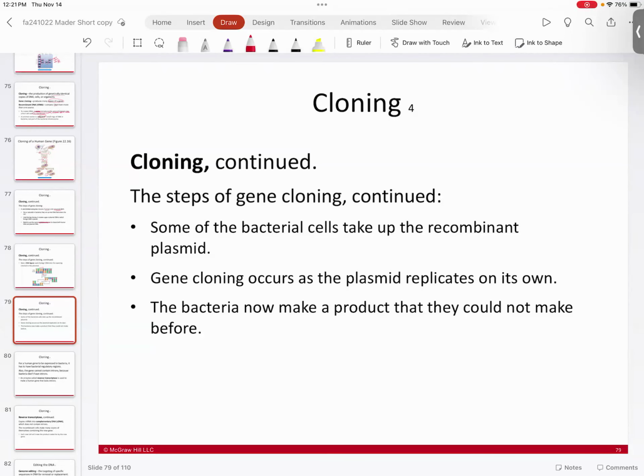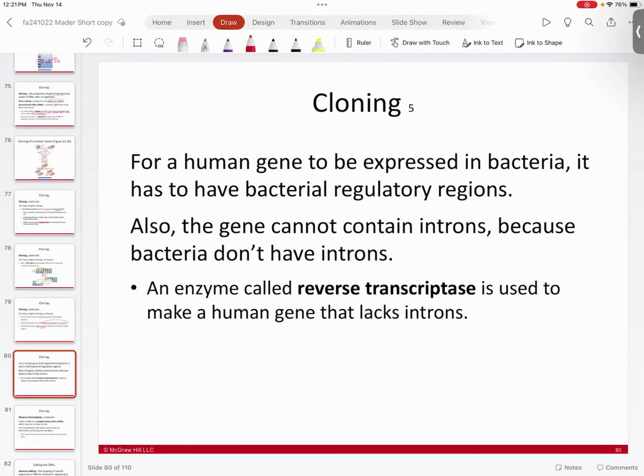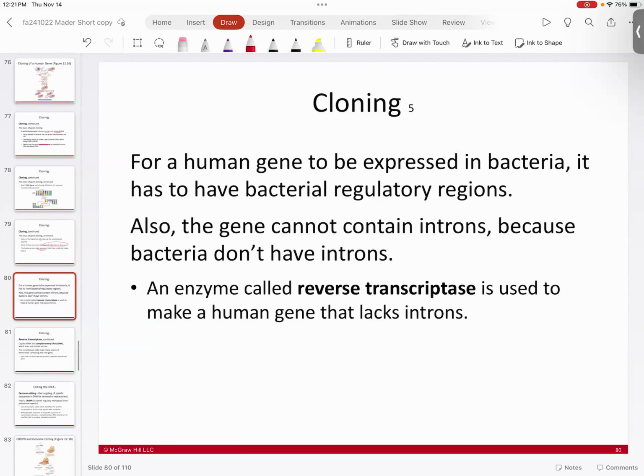Some of the bacterial cells will take up your plasmid. And once the plasmid starts to replicate on its own, then your cloning has been successful. You can also use this to induce the bacteria to make a product that they could not make before. And so now they have a new type of capacity.